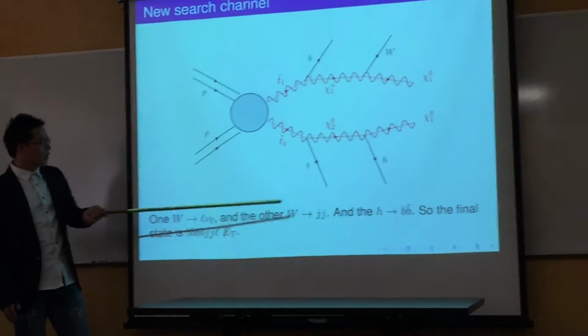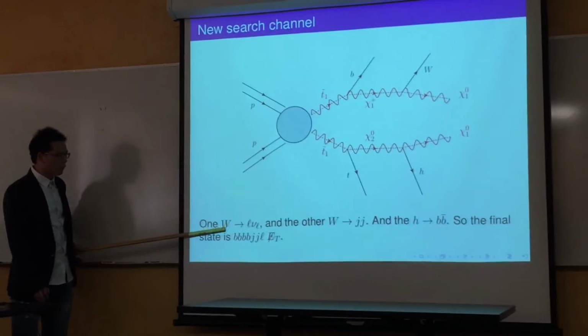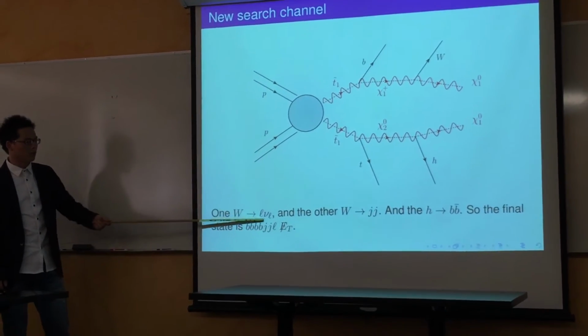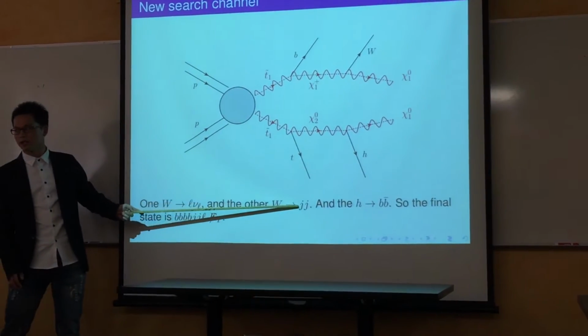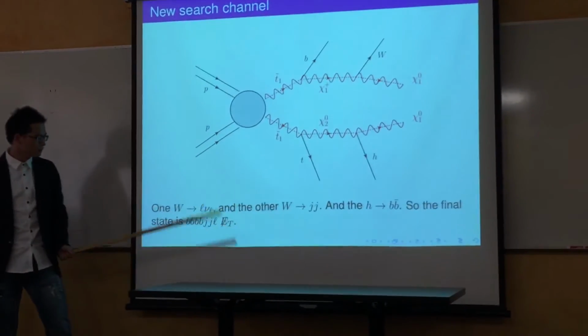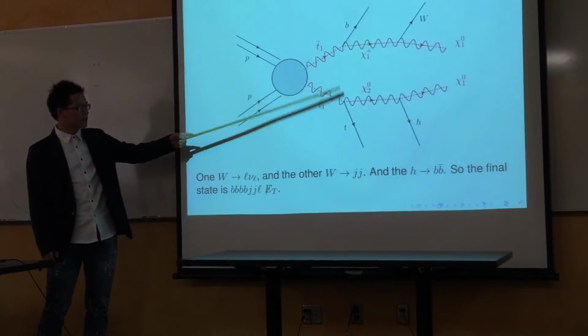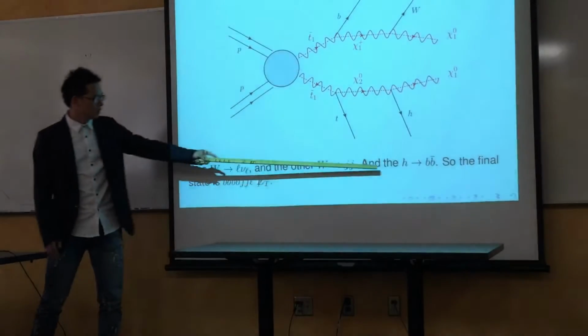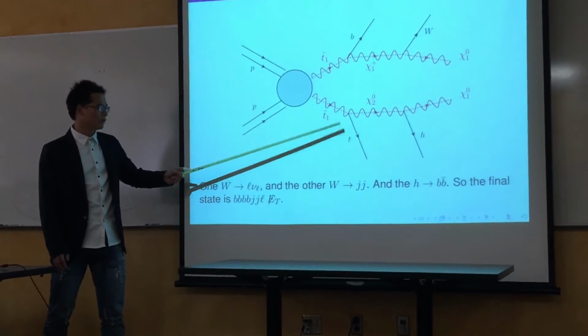For the final states, I look for one W decaying leptonically and the other W from top decaying hadronically. And also the Higgs will decay to b b-bar. So you can see the final state contains 4 b quarks: the b quarks from the decays, and 1 b quark from top.